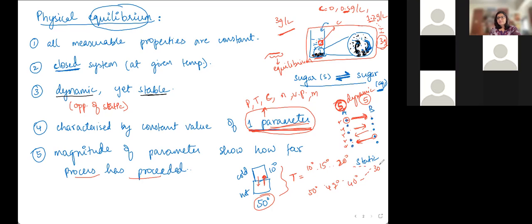So let's say that's 30 degrees. So uske baad, whenever I measure, both of them are going to be at 30 degrees only. So my constant value parameter is temperature here, which got stuck at 30 degrees. And by measuring temperature, I can figure out ki okay, how far has this heat exchange proceeded?